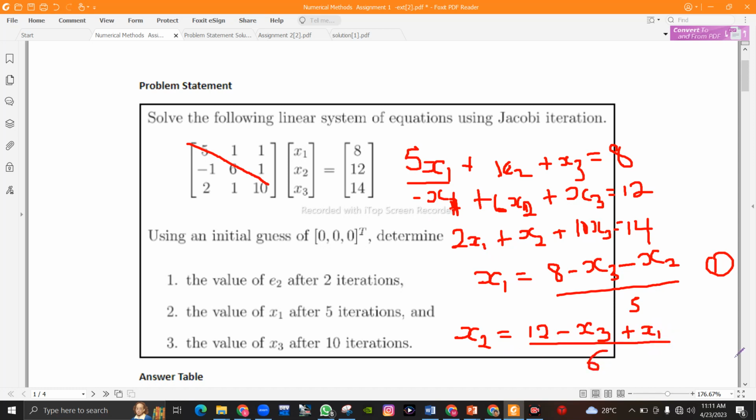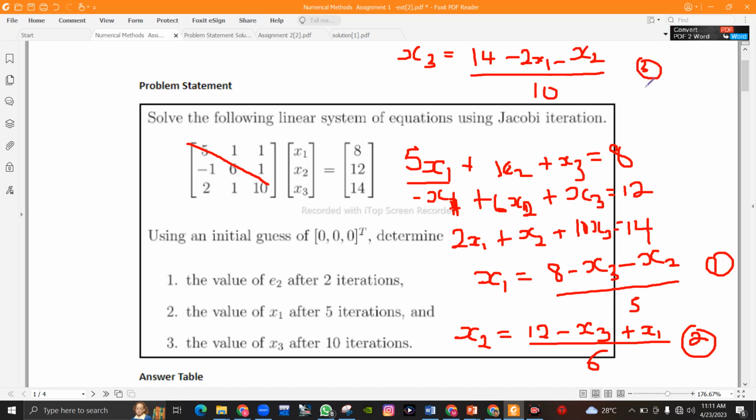So this is our x2, equation 2. This is what we're going to use for our x2 for our iteration there. Then our x3, you make x3 also subject of the formula. x3 will be equals to 14 minus 2x1 minus x2 divided by 10. So this is our x3. These are our 3 equations that we'll be using. Our x1 from equation 1, our x2 from equation 2, our x3 from equation 3.